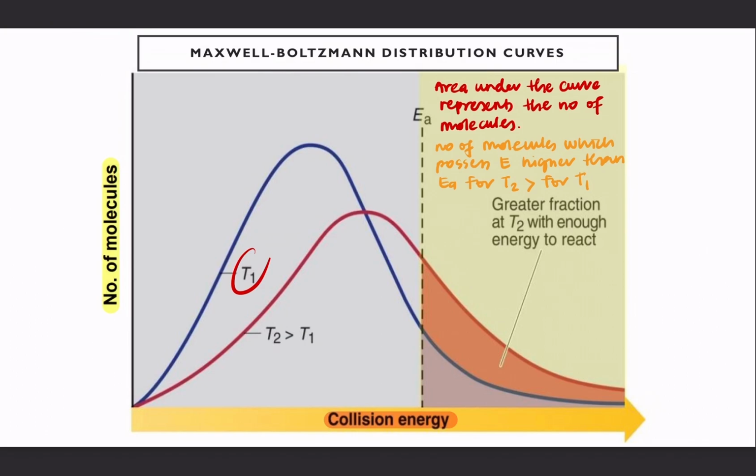Okay, but if you look here, for temperature T1, the peak here tells the average kinetic energy for the molecules at temperature T1. So this will be the average kinetic energy for the molecules at T1.